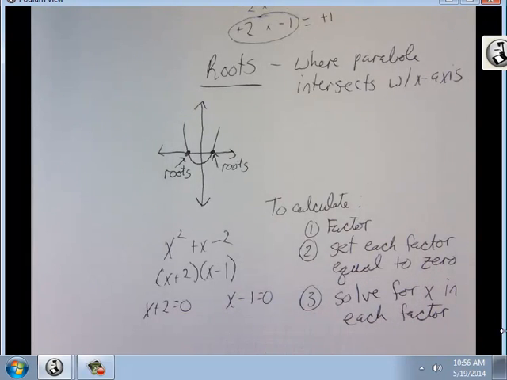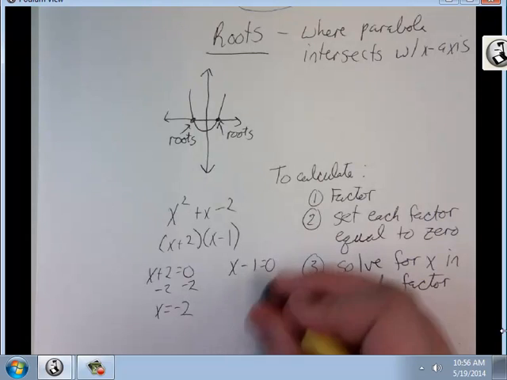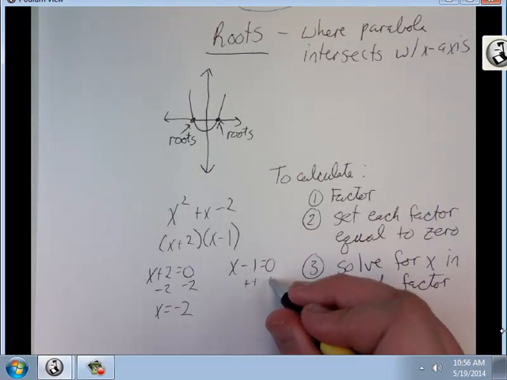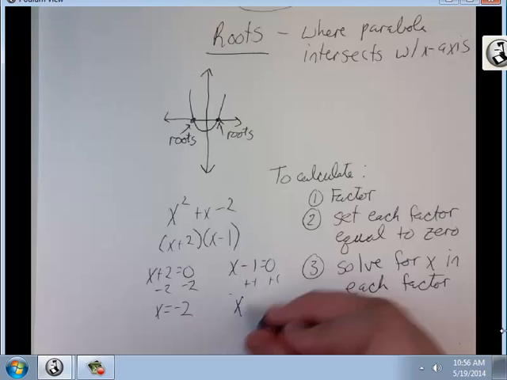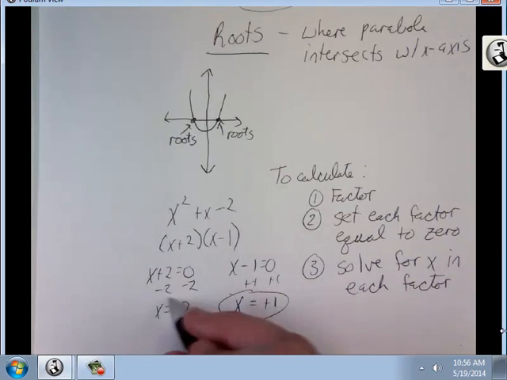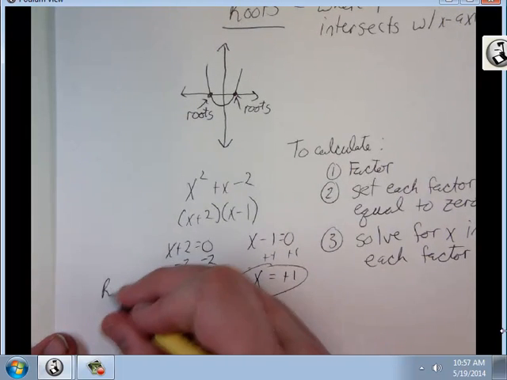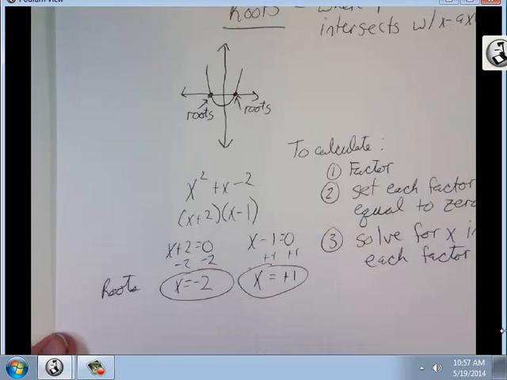Subtract 2 for this one, x would be negative 2. Add 1 for this one, x equals positive 1. Those are my roots. That's all there is for roots.